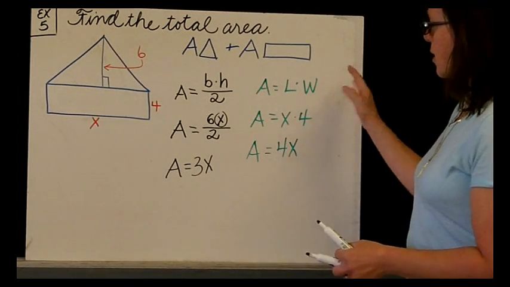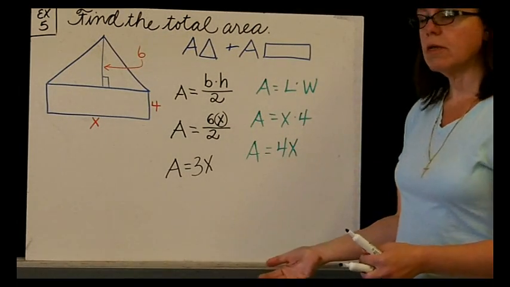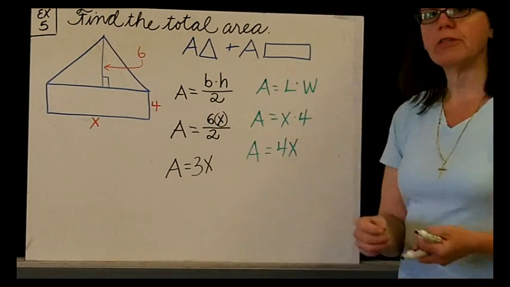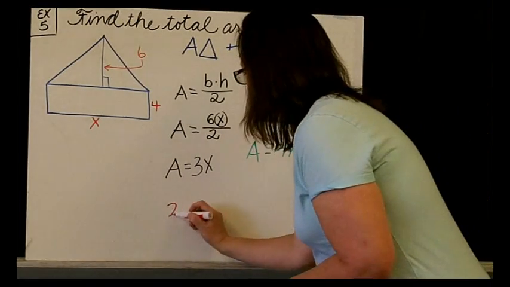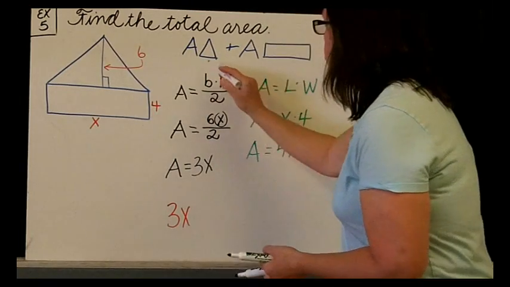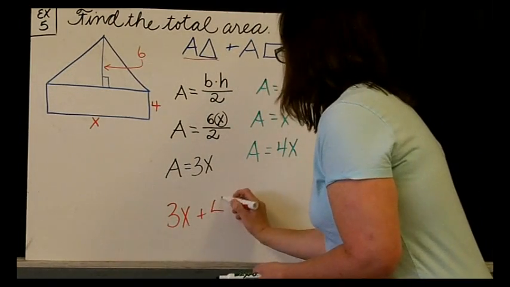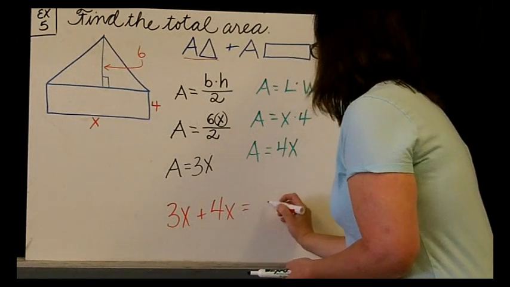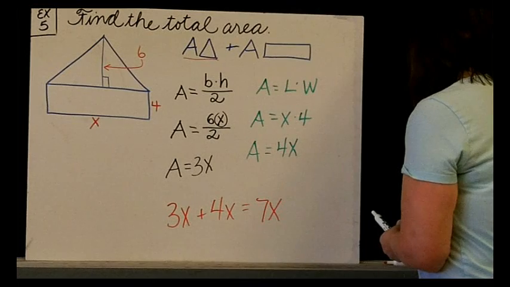So now we know that the area of the rectangle is 4x. Remember, we need to find the total area. So what do? We add the area of the triangle and the area of the rectangle, and we get a total area of 7x units squared.